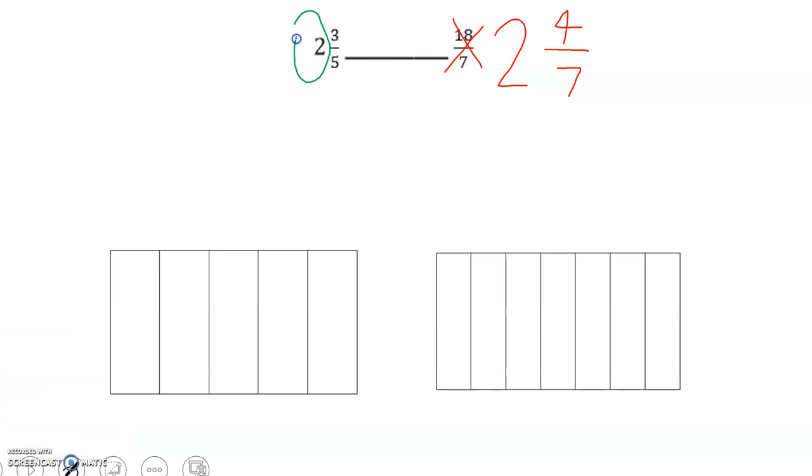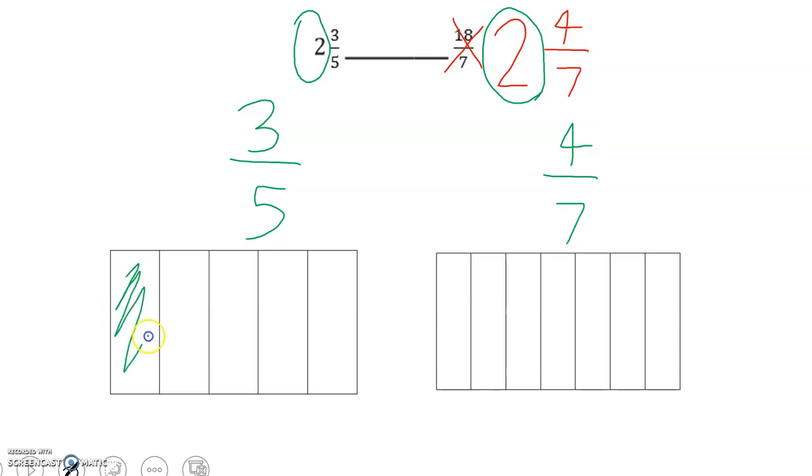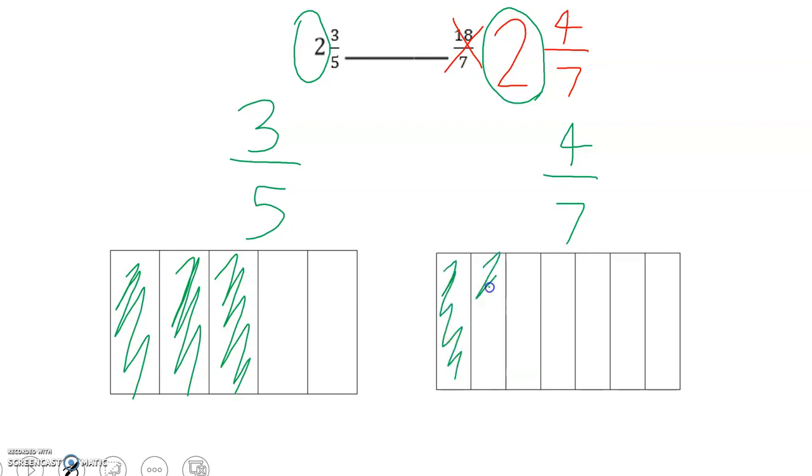If 2 and 2 are the same whole number, then I can just worry about 3/5 and 4/7. Which is bigger, 3/5 or 4/7? Well, let's count. 1/5, 2/5, 3/5, and 4/7. 1/7, 2/7, 3/7, 4/7. All right.